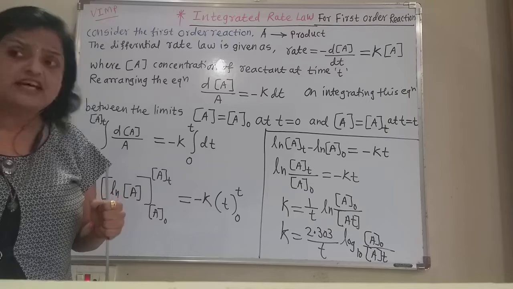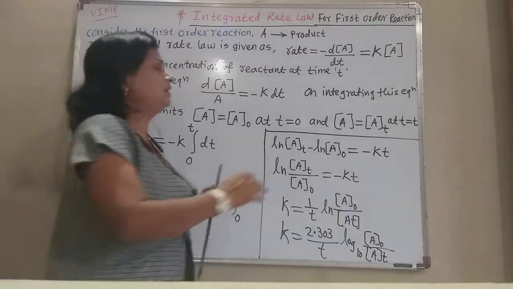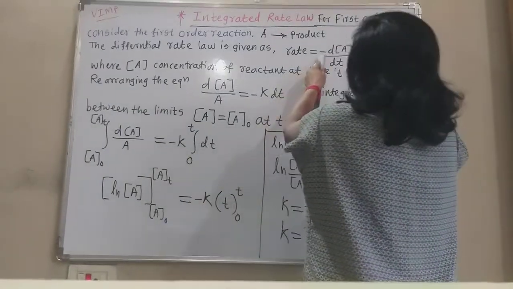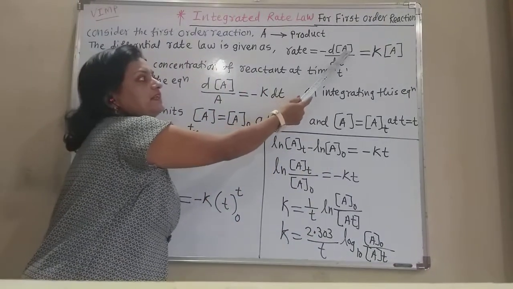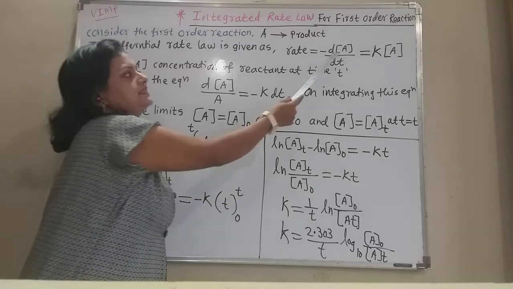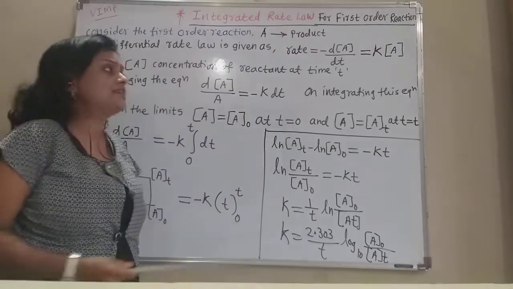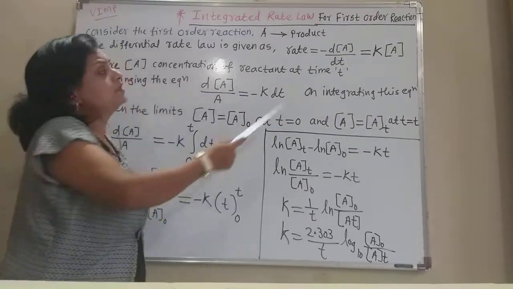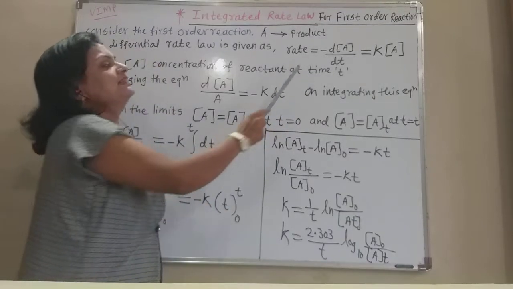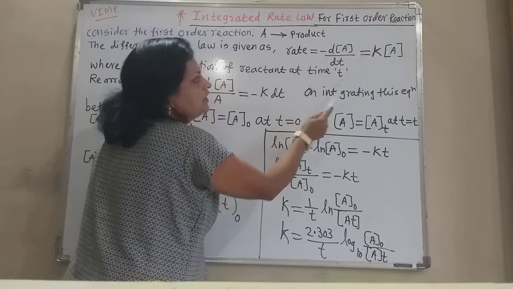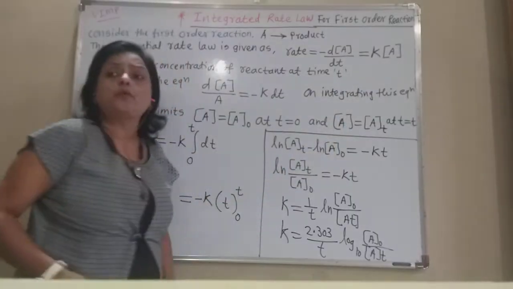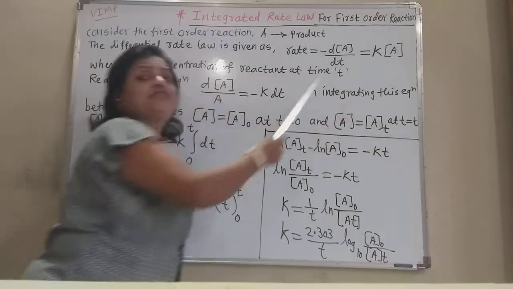As the reactants are consumed, we write the rate as minus dA divided by dt, because A is the concentration of the reactant. The square bracket is the concentration, and as the reactant is consumed, the negative sign is given. This is also the rate. So rate is equal to K into concentration of A. This is from the rate law equation.